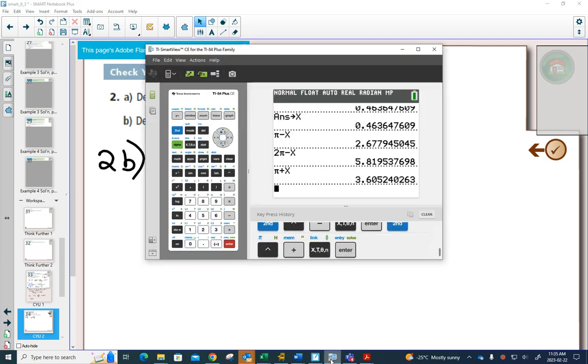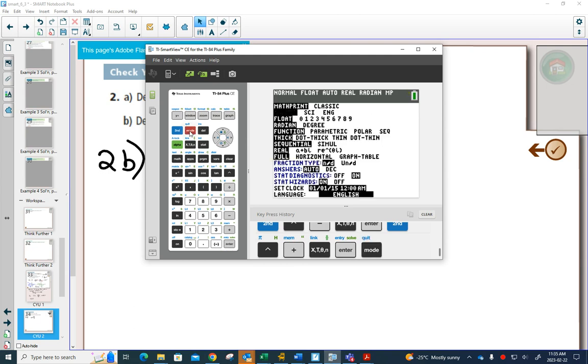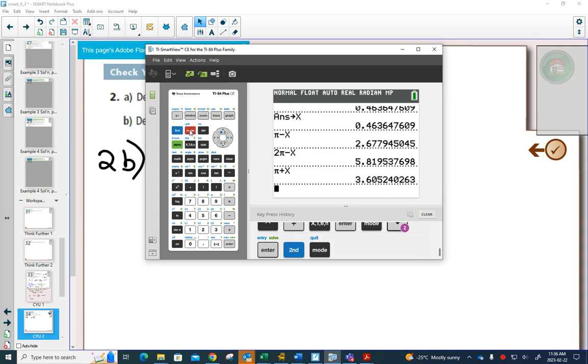If you have a graphing calculator or any other calculator, you're probably going to need to push a mode button or a settings button. For me on my graphing calculator, I need to go to radians and make sure that that's highlighted. Now my calculator, whenever I type in an angle, will know that I mean radians rather than degrees.